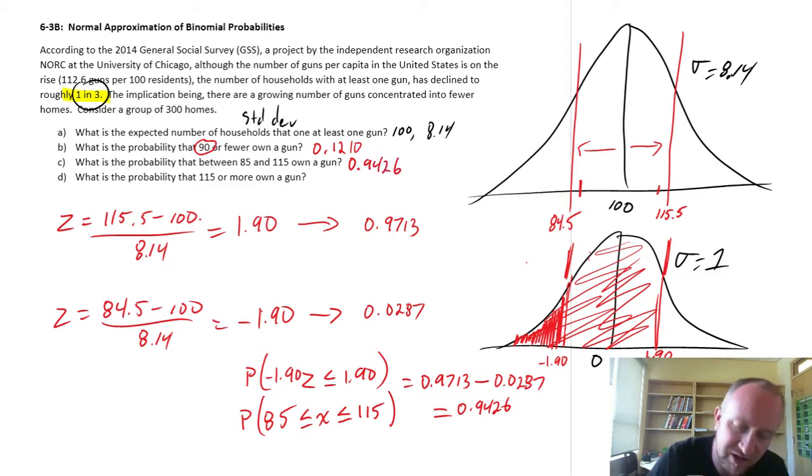So a pretty high probability, about 0.94, that between 85 and 115 of those individuals own a gun.